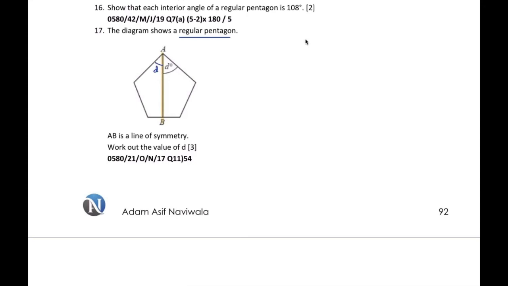Now, each angle in a regular pentagon is going to be equal to n minus 2 times 180. N is the number of sides. So in the case of a pentagon, it's going to be 5. 5 minus 2 is 3. 3 times 180 is 540.